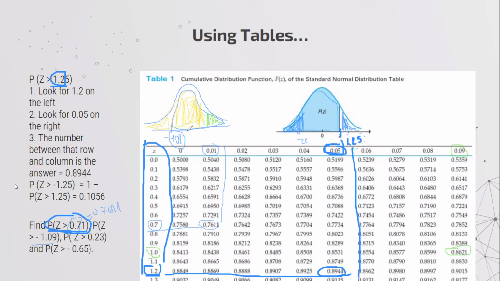And if we're searching for the area that is above minus 1.09, it's the whole thing here. But the whole thing here, it's exactly the same as the yellow part. So it's basically 1 minus 0.8621.